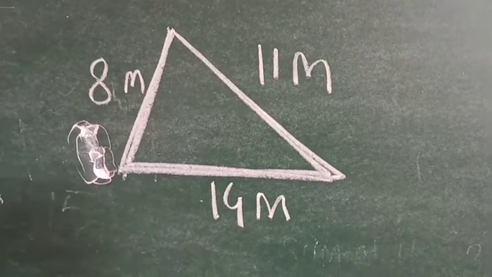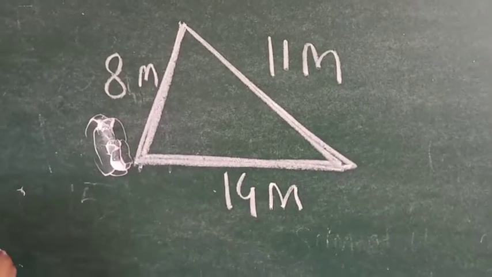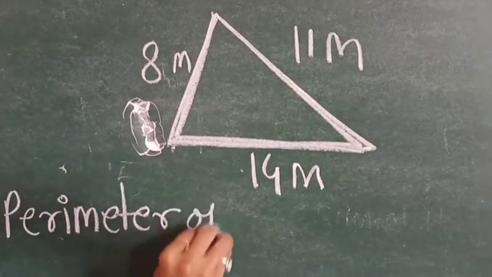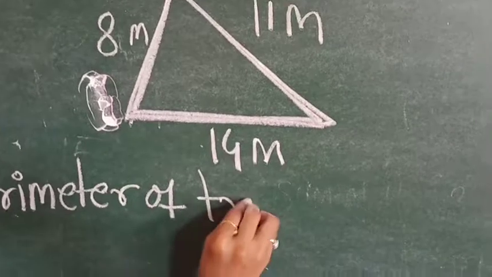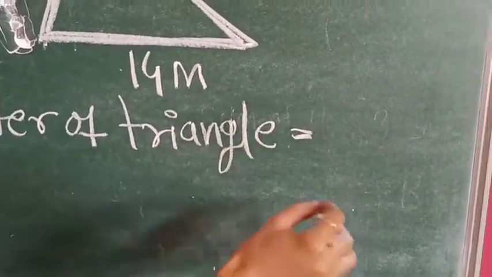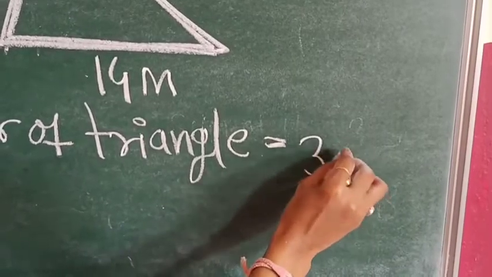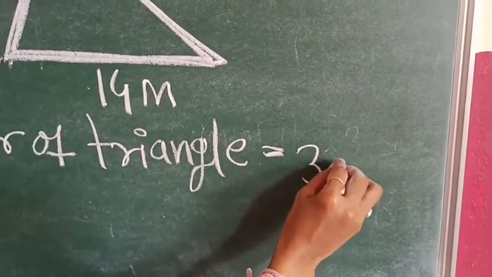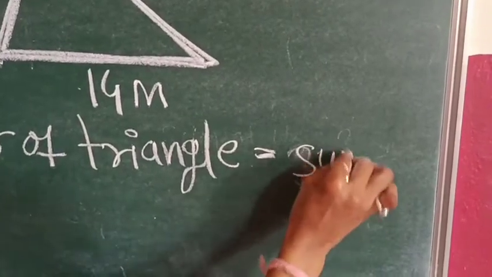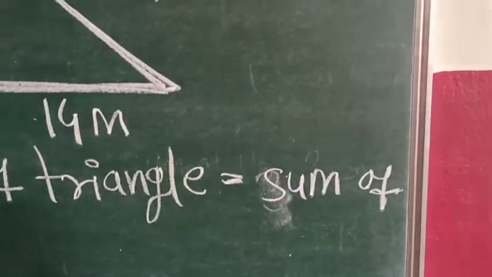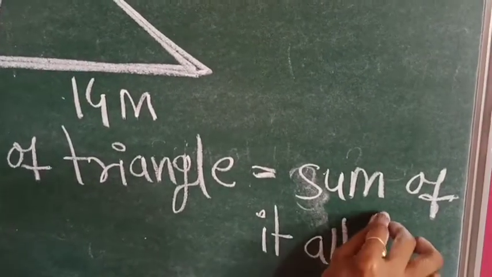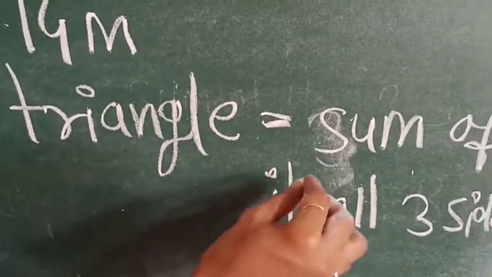What is the formula for the perimeter of a triangle? It is the sum of all 3 sides.